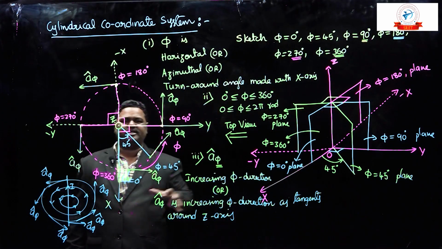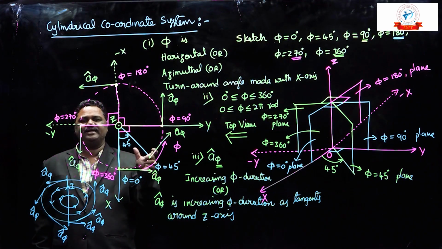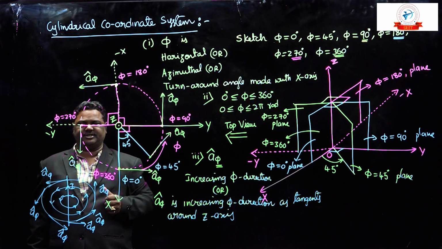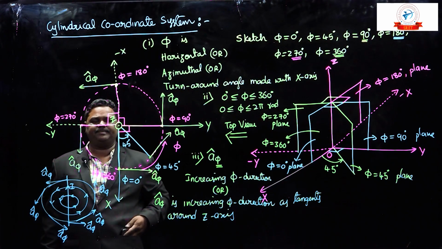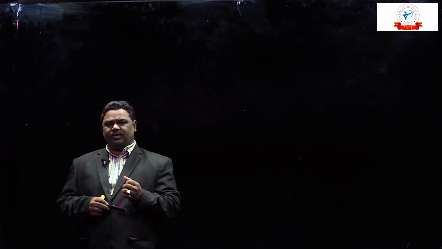So this is the meaning of rho, phi, z in the cylindrical coordinate system.